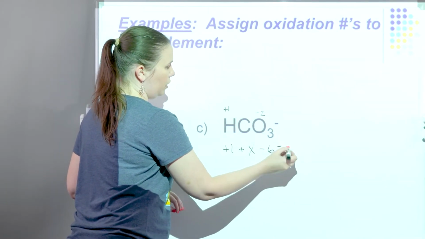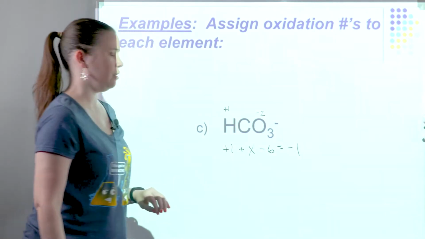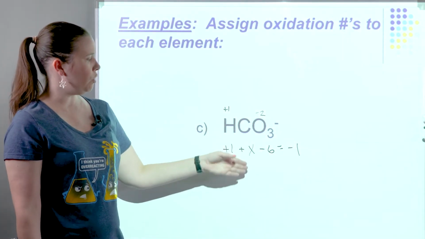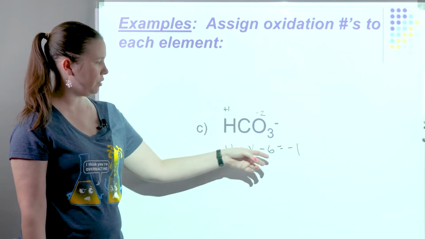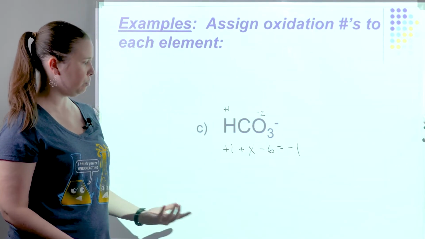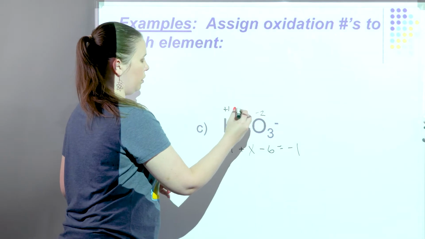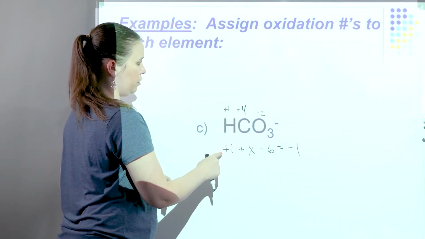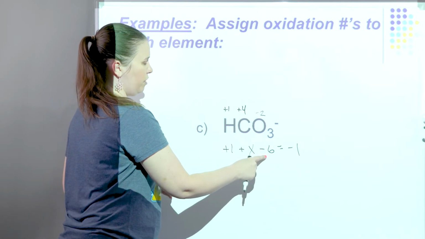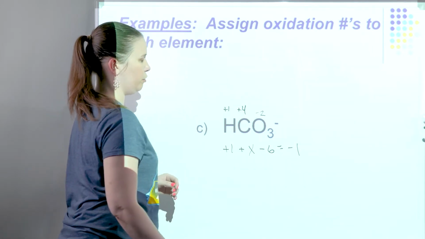And this entire ion should have an oxidation state of -1. So what would my carbon need to be in order for the +1 and the -6 to total -1? We would want a +4. 4 + 1 is 5. 5 minus 6 is -1.